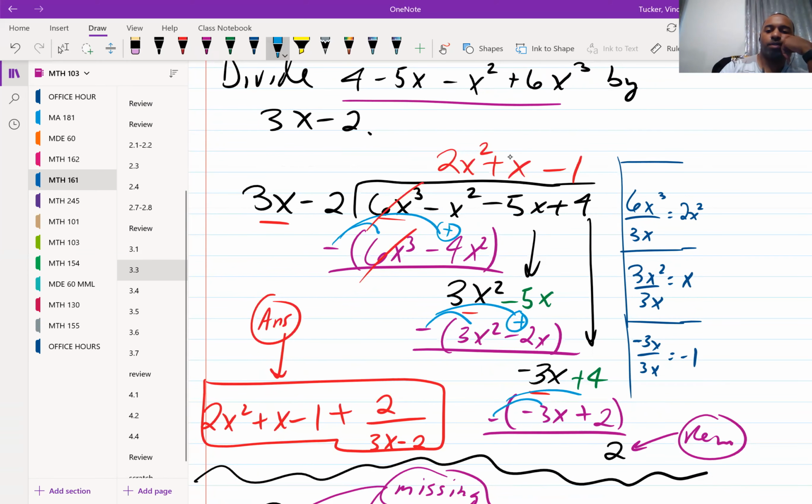Distribute the negative. That turns into a negative 2. So we have a remainder of 4 minus 2, which is just 2. And this is how we would write our answer. So we have 2x squared plus x minus 1. And that remainder of 2, you write as 2 over 3x minus 2, which is what we're dividing by.